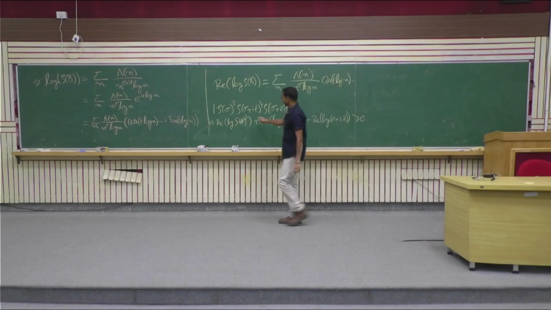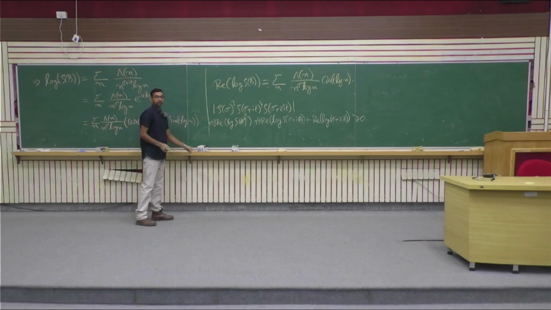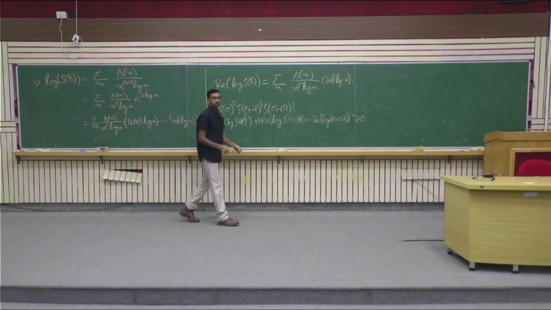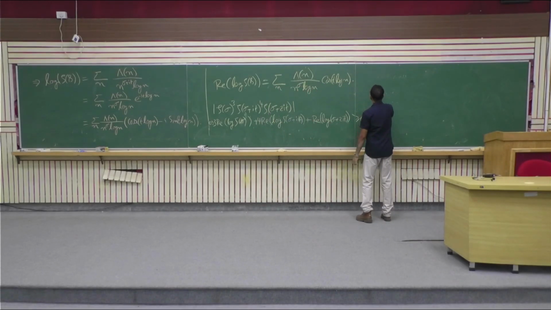So this will be 3 times, since this was a cube, 3 times the real part of log zeta sigma.